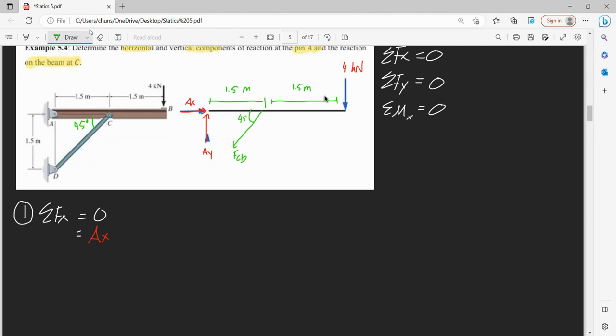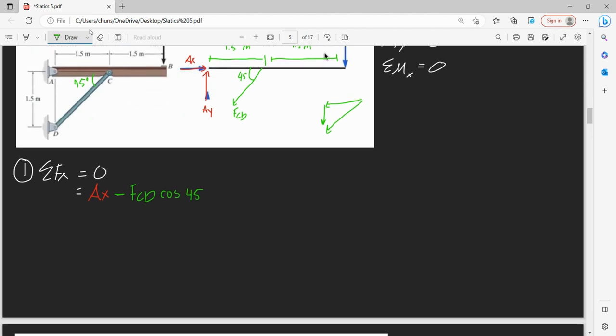And if we were to break down our FCD, it would have a negative x component and a negative y component. So that's where we do negative FCD, and this would be cos 45. Okay, so we're just going to keep it in that form, and we're going to solve afterwards once it starts coming together.